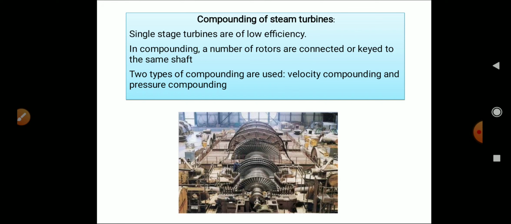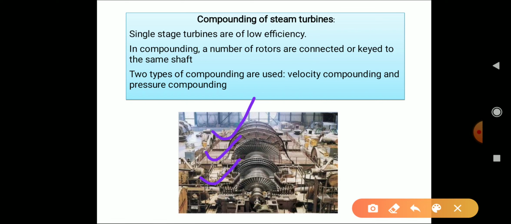Two types of compounding are actually used. One is velocity compounding and the other one is pressure compounding. In the diagram you can see the different kinds of turbines mounted on the same shaft.